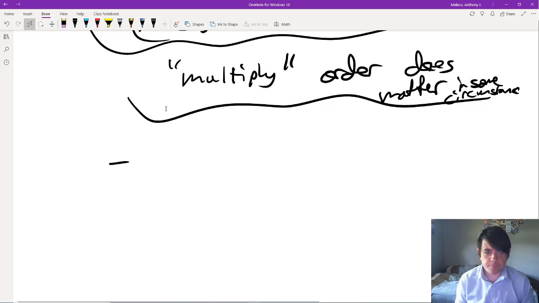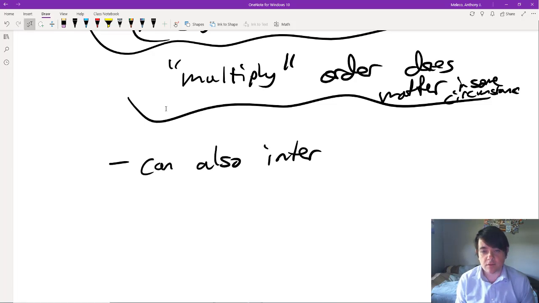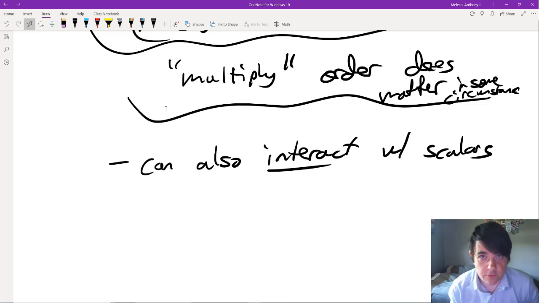Another property is that they can also interact with scalars. It's not like vectors are only able to do math with other vectors. You can perform mathematical operations with both of them.